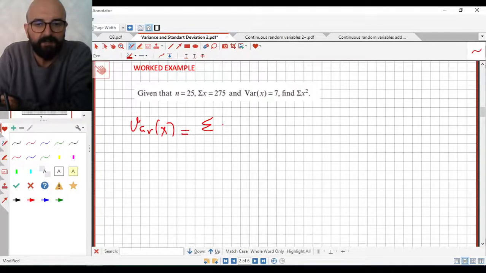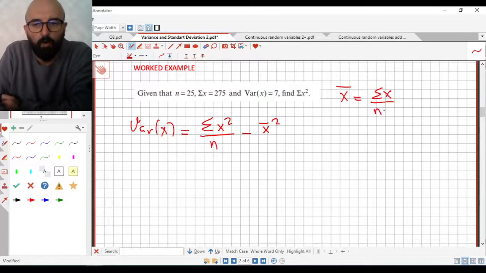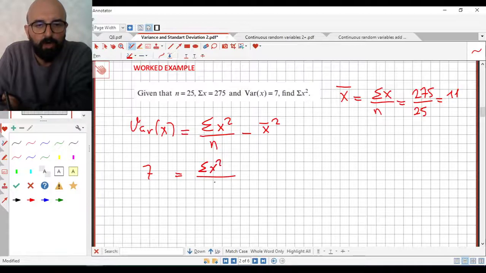For ungrouped data, the variance is the sum of x square over n minus mean square. And please remember that the mean is the sum of x over n. So 275 over 25, and it means 11. And the variance value is 7, so the sum of x square over n minus 11 square.